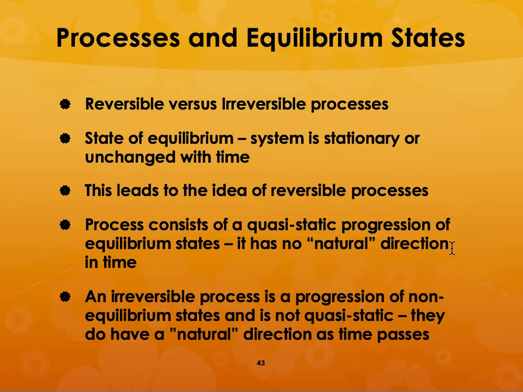It is a quasi-static progression of equilibrium states, and it has no natural direction in time. And an irreversible process is a progression of non-equilibrium states and is not quasi-static. And they do have a natural direction as time passes.